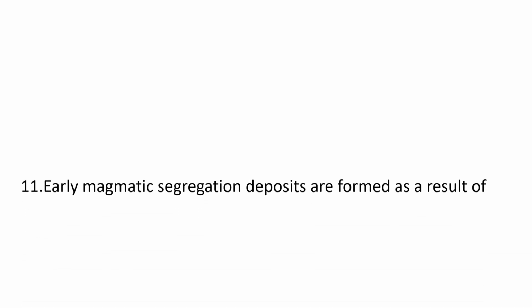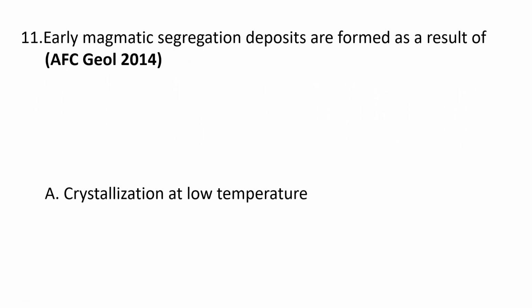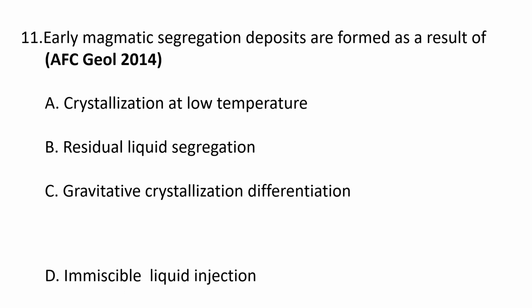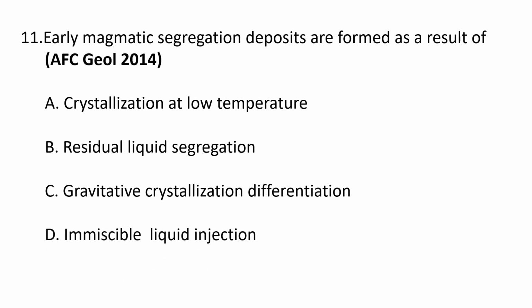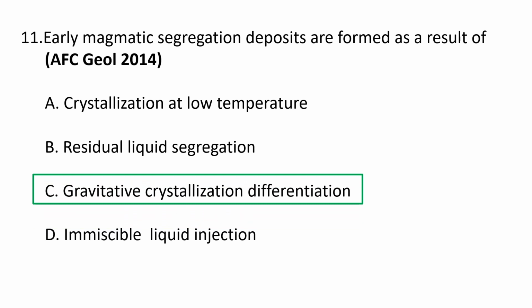Next question. Early magmatic segregation deposits are formed as a result of A, crystallization at low temperature, B, residual liquid segregation, C, gravitative crystallization differentiation, and D, immiscible liquid injection. Early magmatic segregation deposits are formed as a result of gravitative crystallization differentiation.